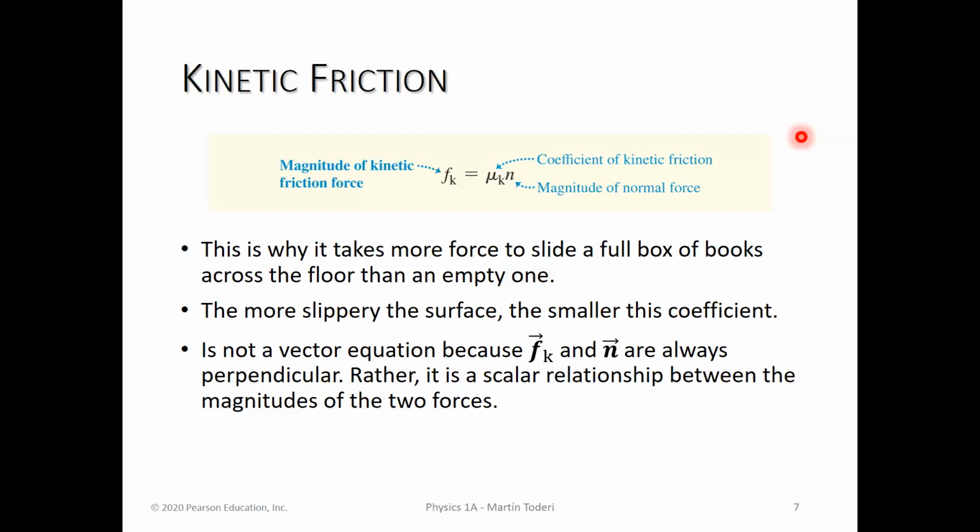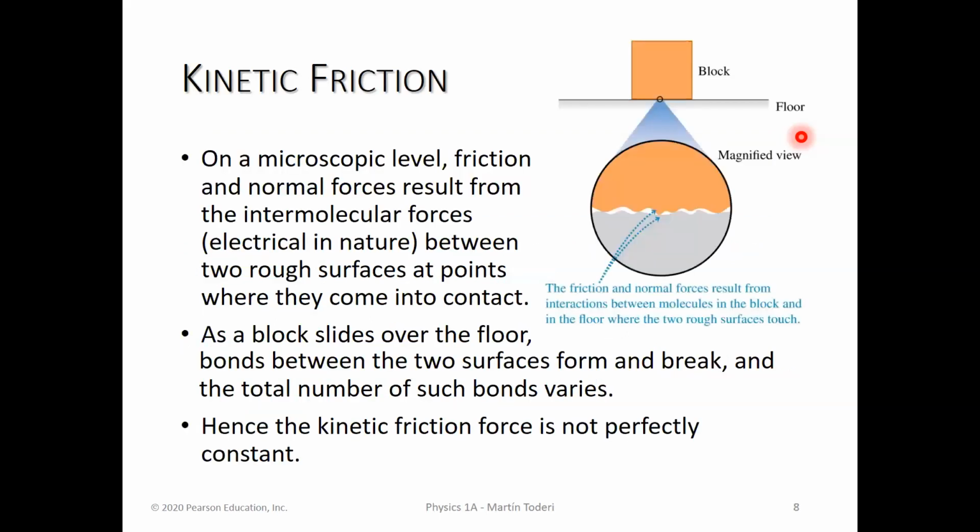If we take a closer look at this, we can come up with an explanation for the friction on a microscopic level, because you can think of this as two jagged surfaces in contact with each other. You'll have bumps and valleys which are interacting with each other on a microscopic level.